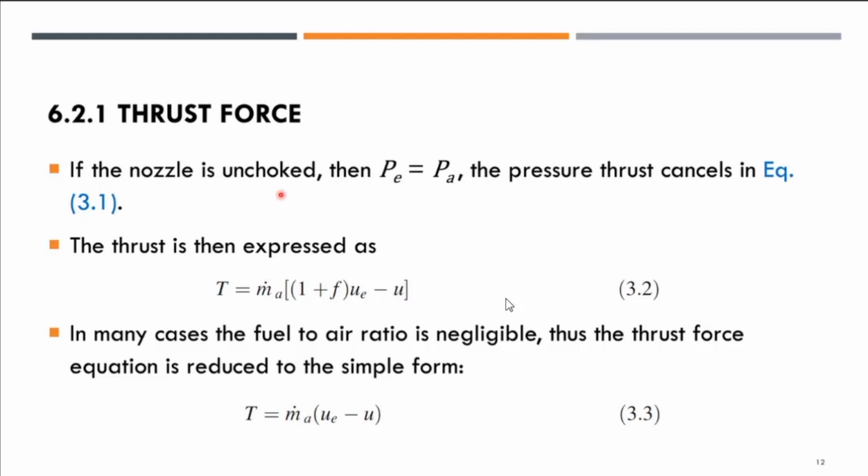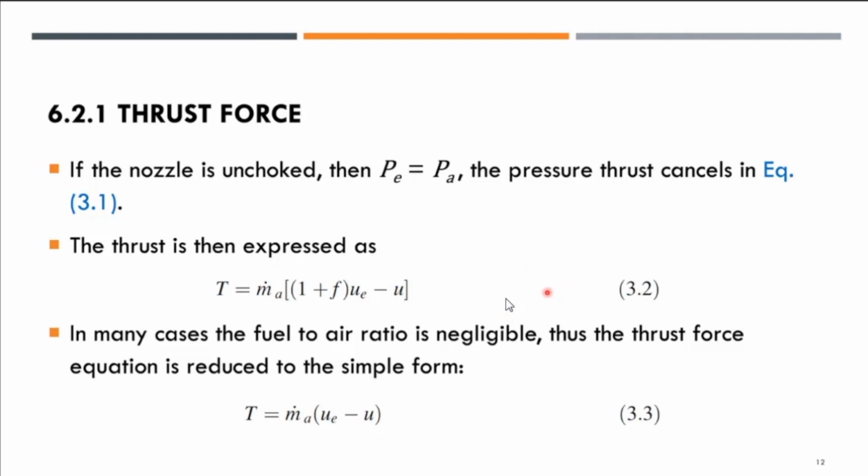But in this particular situation for equation 3.1, it is the unchoked condition, where ideally the exit pressure will be equal to the ambient pressure, so the pressure terms cancel. So equation 3.1 will no longer have the component of the pressure difference.